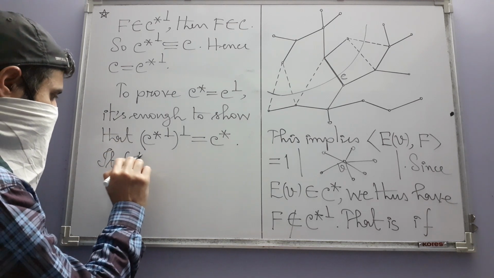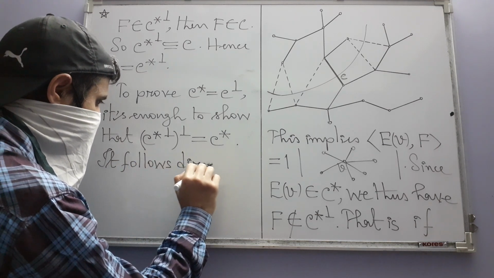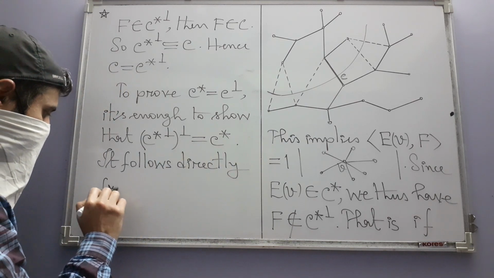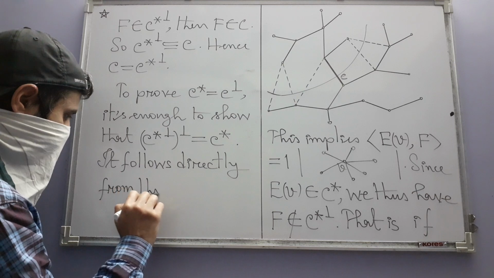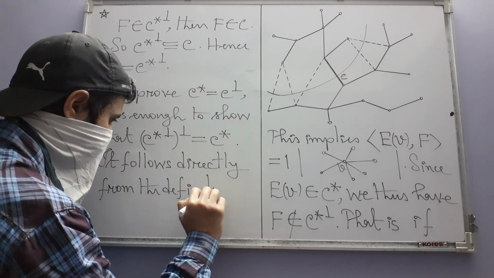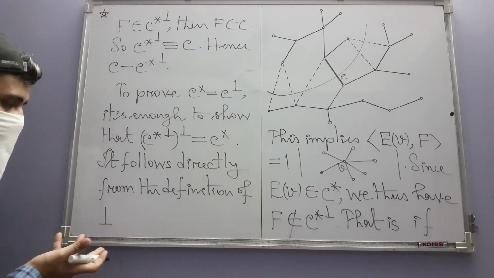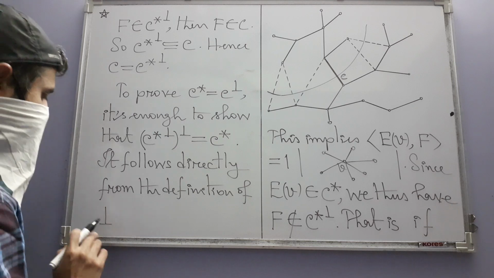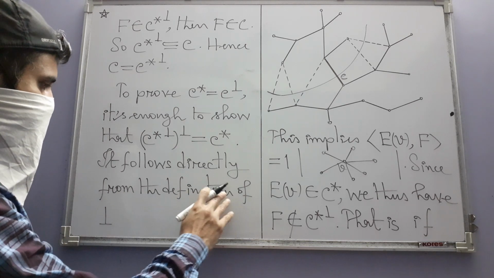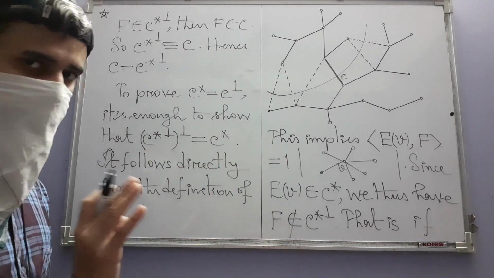It follows directly from the definition of this. This is how the author wants to express it, but actually it really follows from the definition of orthogonal complement, that is the orthogonal complement of a subspace of the H space.